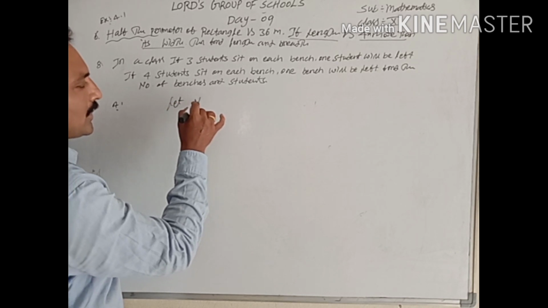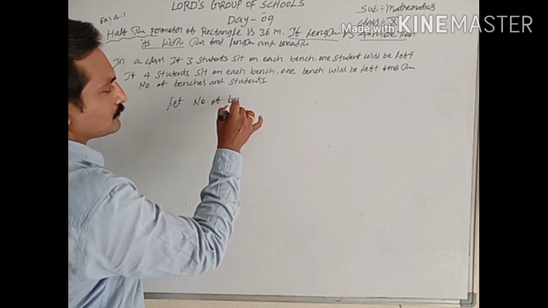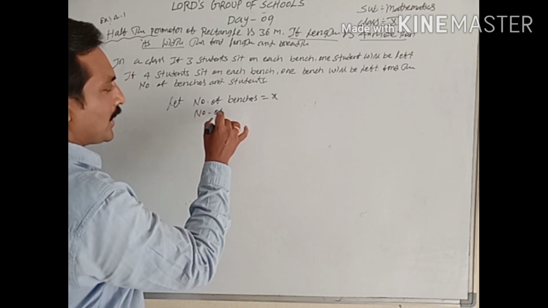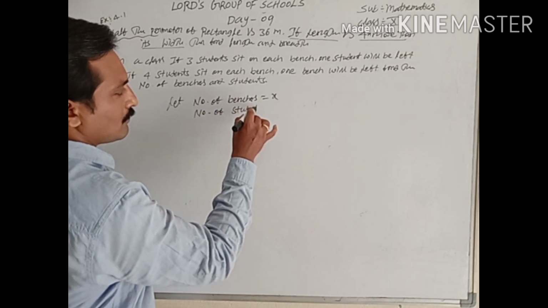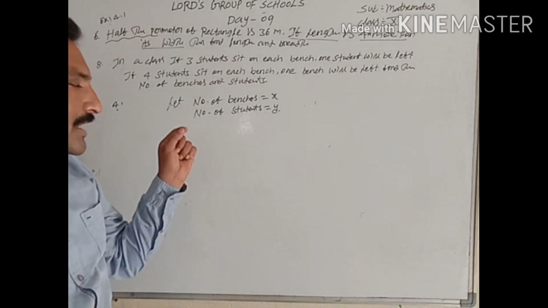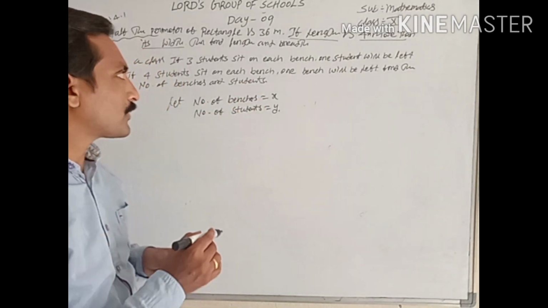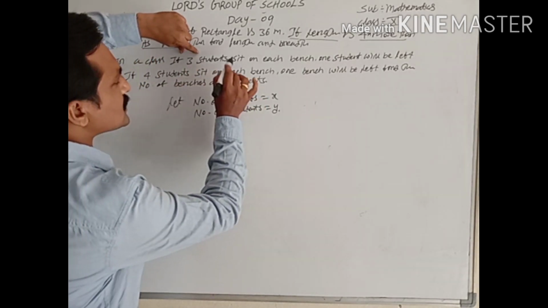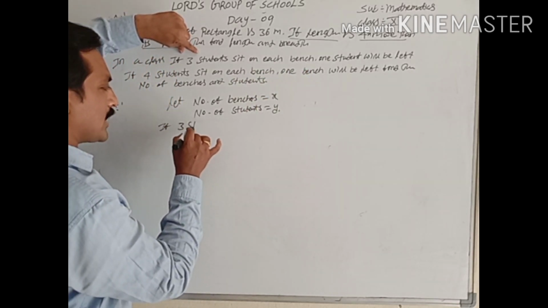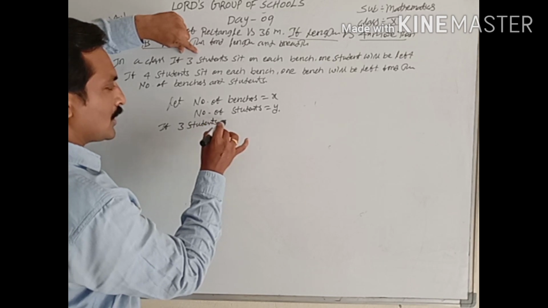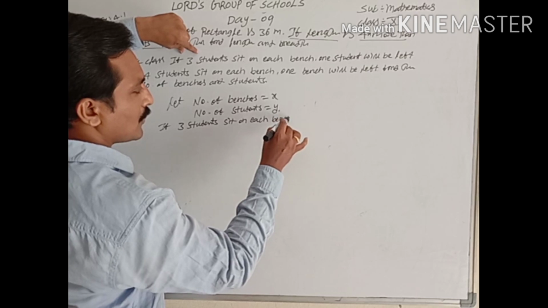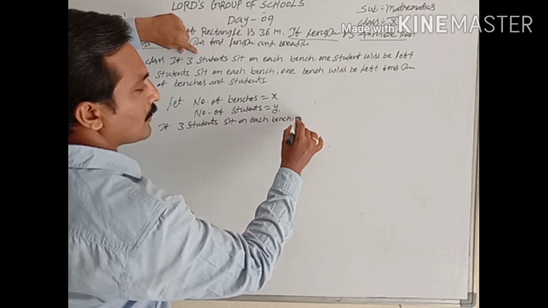Let the number of benches be x, and the number of students be y. These two are compulsory. After that, what is the first condition of this problem? If 3 students sit on each bench, 1 student will be left.